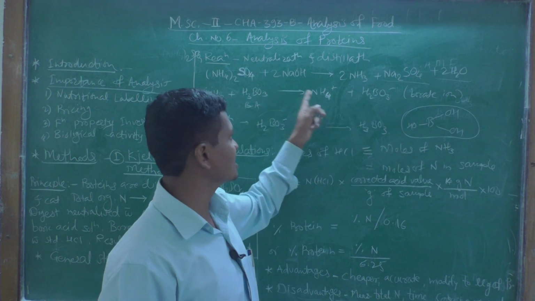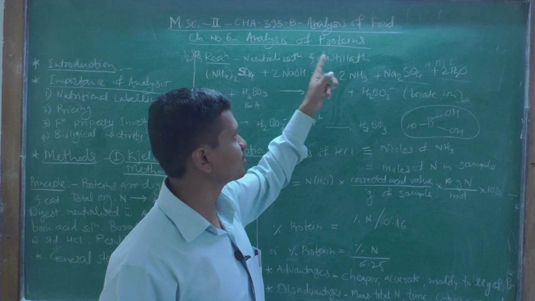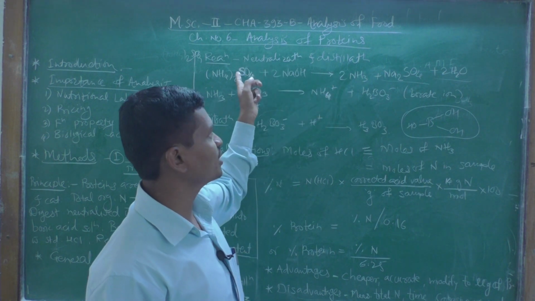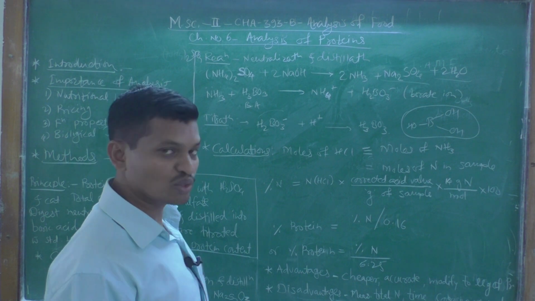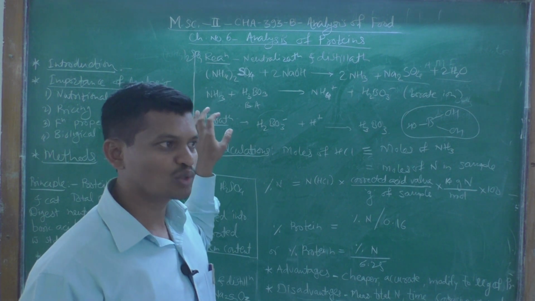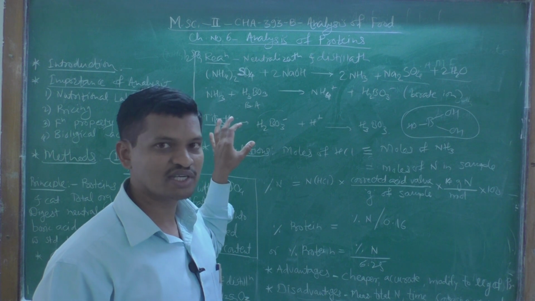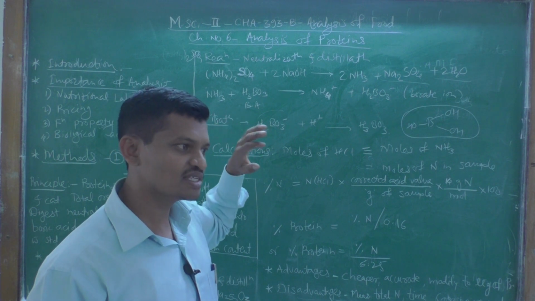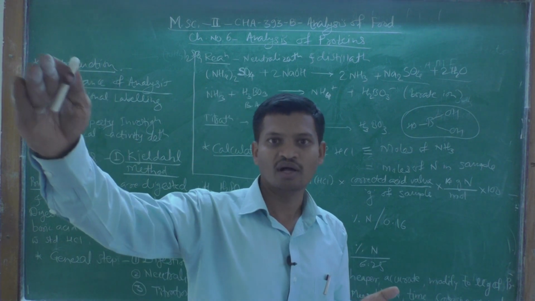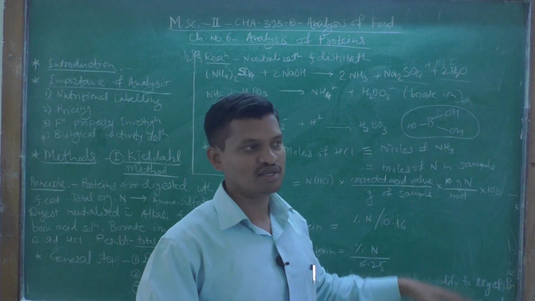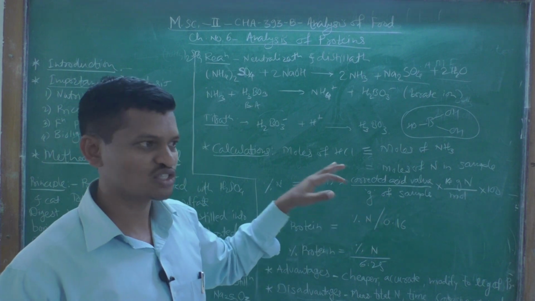This ammonia is related to the ammonium sulfate, and ammonium sulfate is related to the nitrogen present, the total nitrogen content in the food protein, and it is directly related to the total protein content of the food. So this is the relation between all these chemicals and stoichiometry.